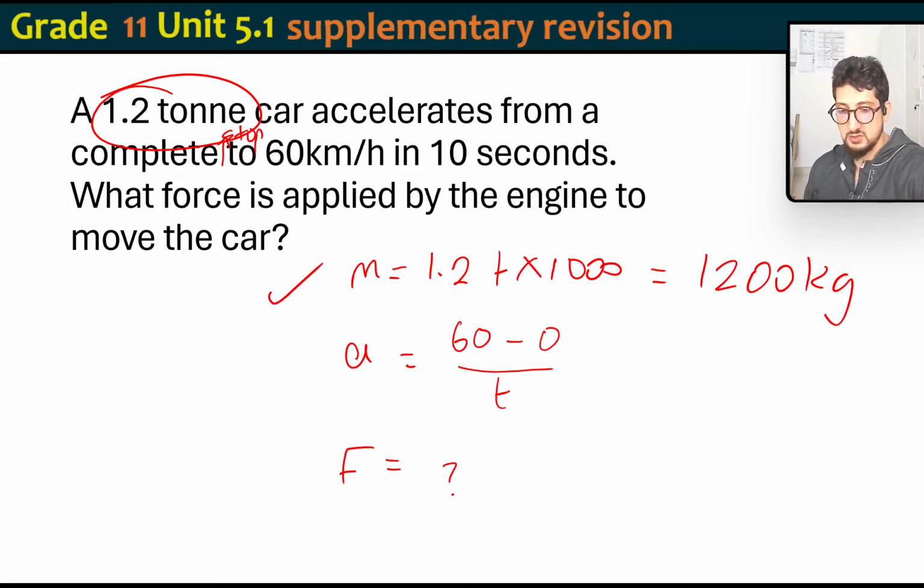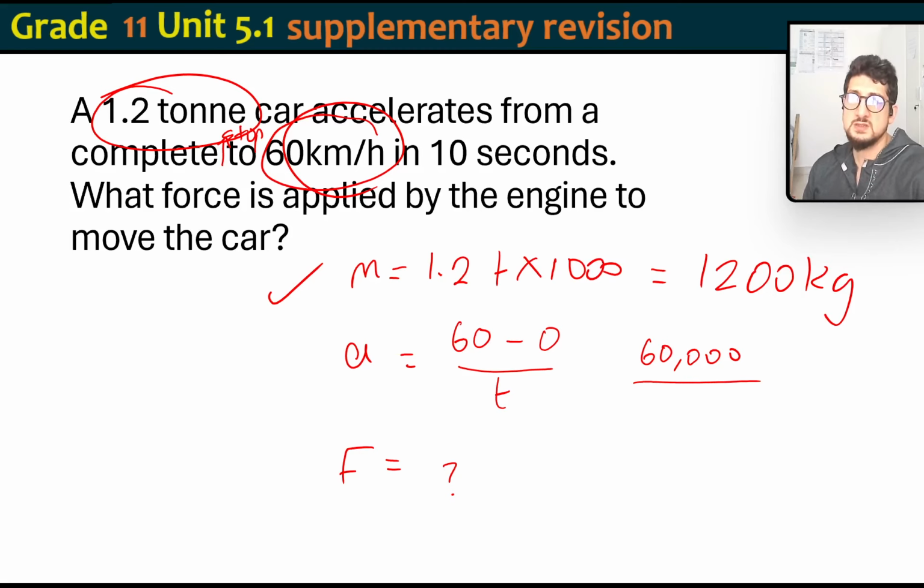Let's look at the acceleration. We've got the velocity in kilometers per hour, so we need to change it from kilometers per hour to meters per second. 60 kilometers per hour is 60 times 1,000, which is 60,000 meters, divided by the seconds in an hour.